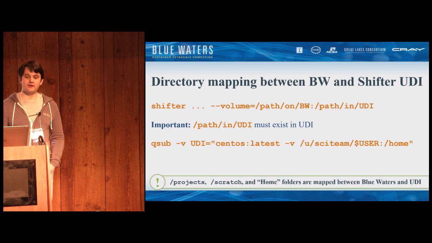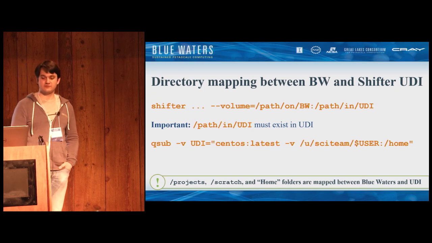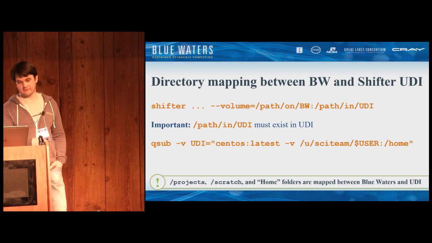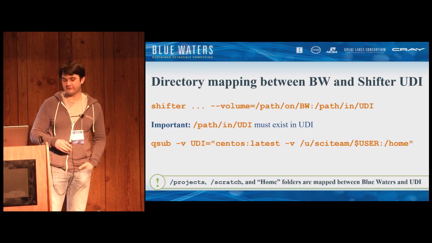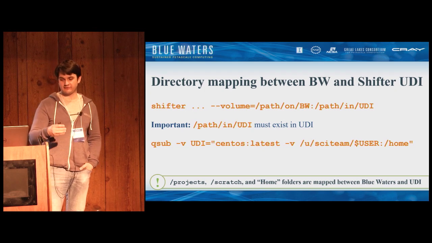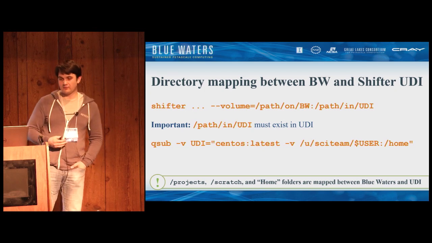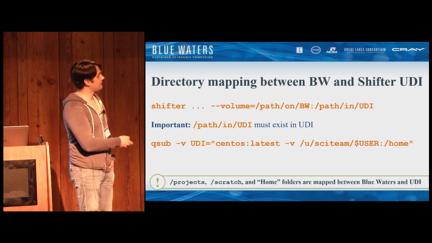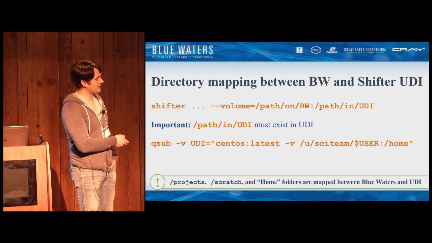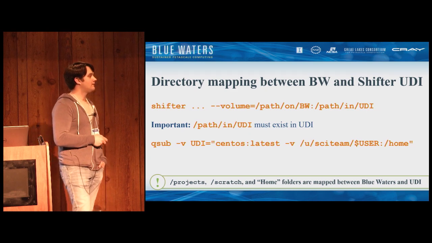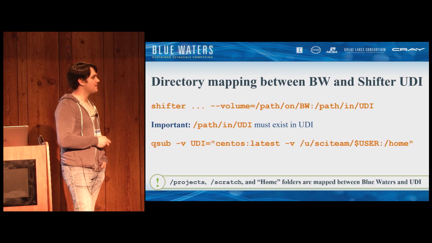Directory mapping. By default, projects, scratch, and home directories are mapped from Blue Waters to user-defined images. But you can create additional mappings, with the caveat that to create that additional mapping, we have to use the --volume flag for the Shifter command.